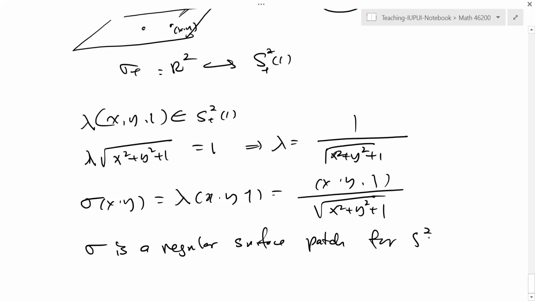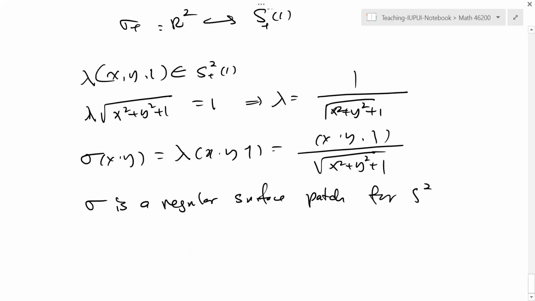Regular means by definition it's smooth and one-to-one, and sigma_x and sigma_y are linearly independent. The surface patch by definition must be one-to-one. So you can verify that this is indeed regular.